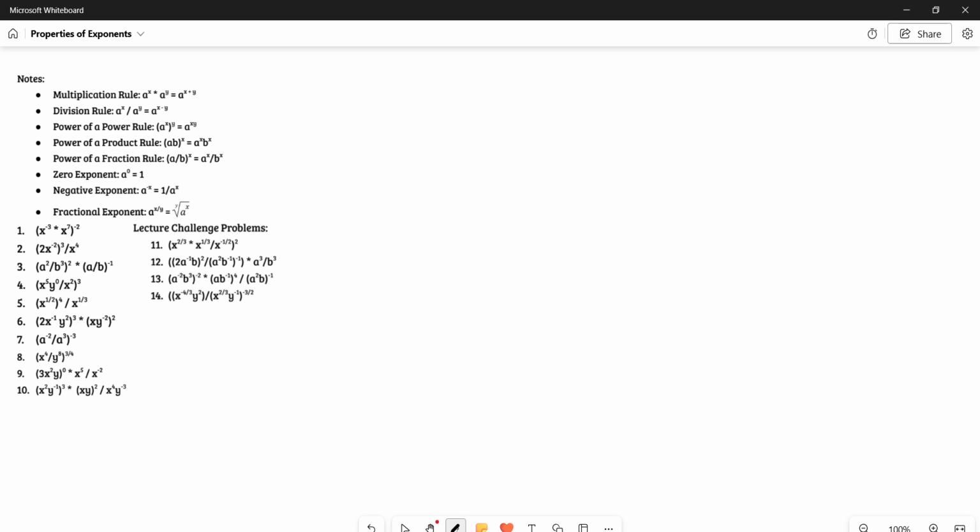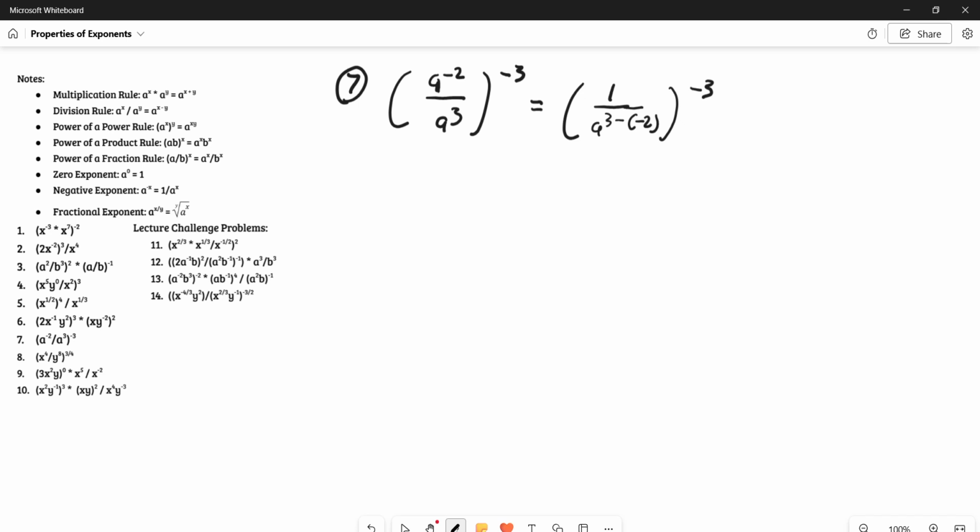Okay, number 7, we have a to the power negative 2 over a to the power 3, all that to the power negative 3. So I'm just going to evaluate the inner portion of the expression. So we do 1 over a to the power 3 minus negative 2, all that to the power negative 3.